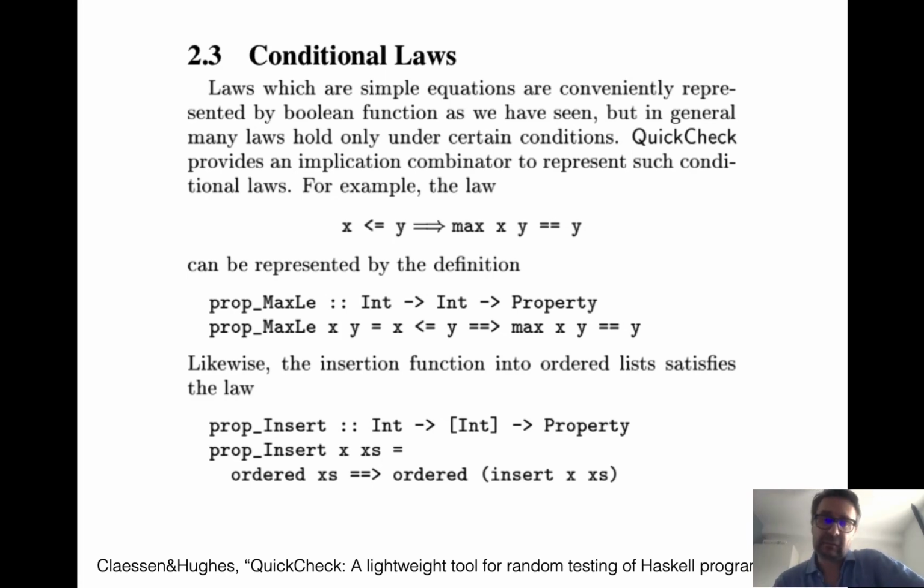These are details about the implementation in Haskell and the typing. We don't need to go into details there. The important thing is that the property maxLE takes two arguments, x and y, and then it checks that if x is less than or equal to y, then this should hold, right? So basically the condition will act as a filter, and the rest will not be checked or will be assumed to be true if x is larger than y.